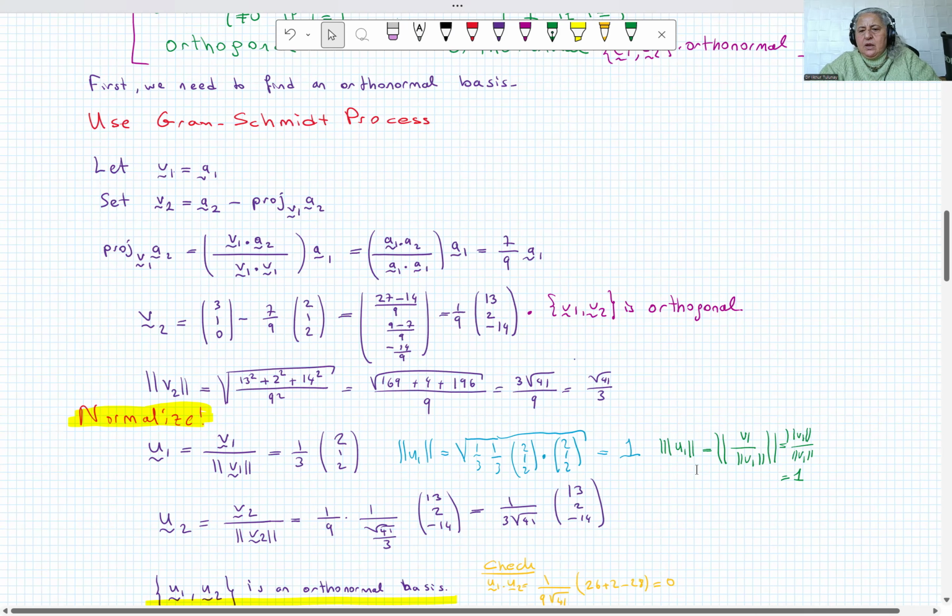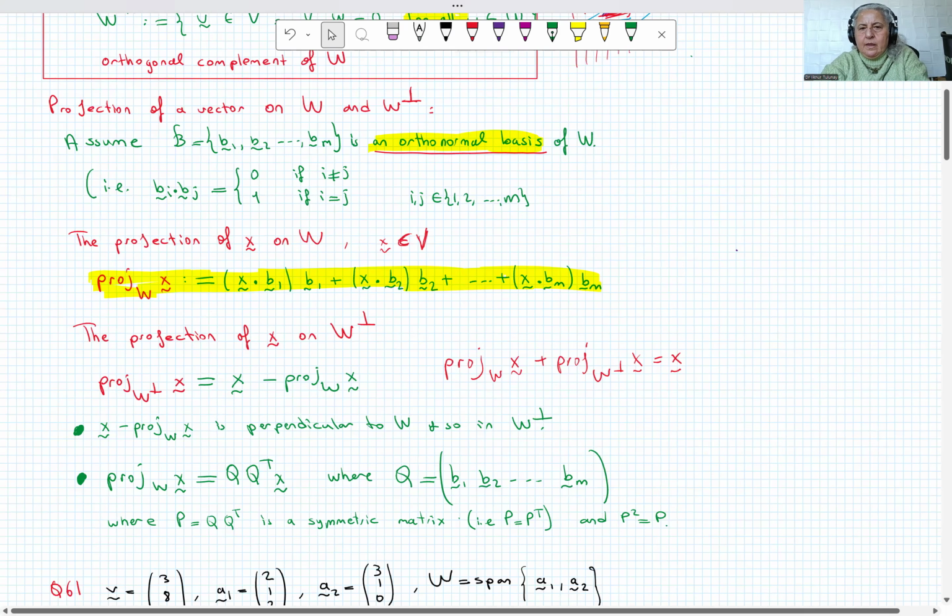And this will always be true, because the length of V1 divided by the length of V1 is always 1. So this formula always gives you a vector of length 1. That is what I'm saying in the green section, and the blue section tells that the length of U1 is 1.